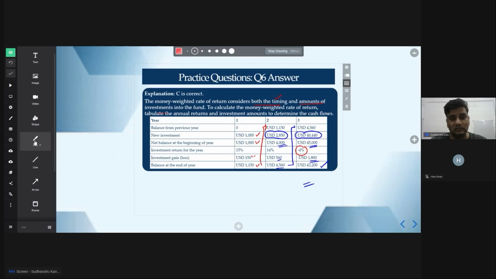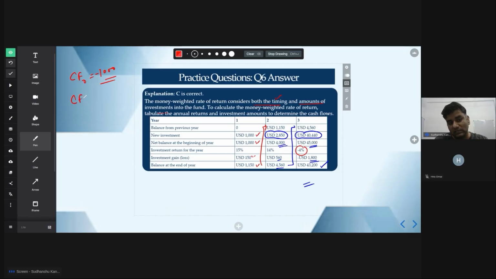So the first cash flow you got was your $1,000. This money you've got at present time, right? So it will be taken as a minus value.